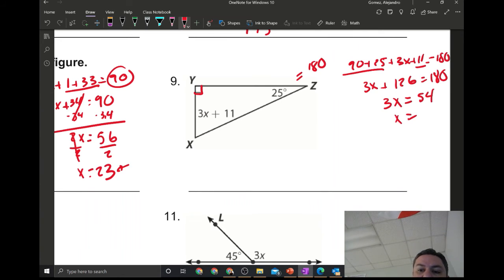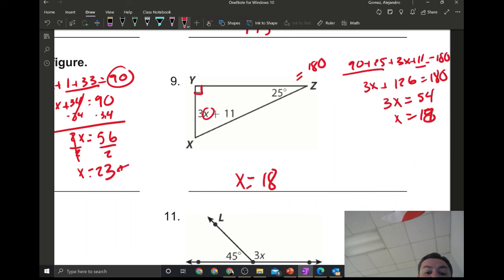Divide by 3. 54 divided by 3 is 18. So this x equals 18. If you want to find the angle, then you can just subtract 180 minus 90 minus 25.